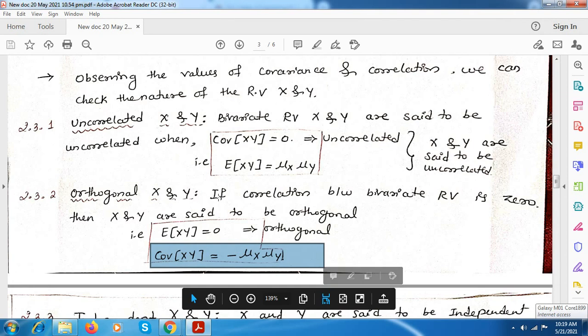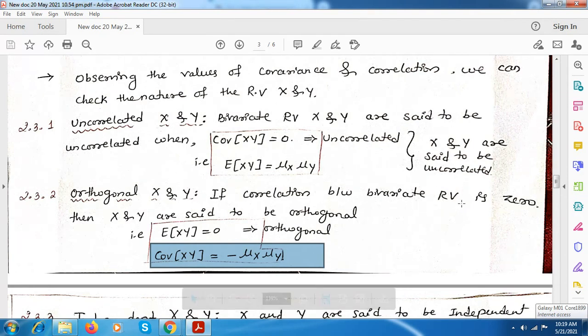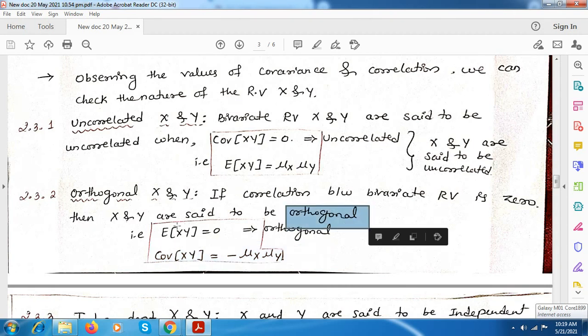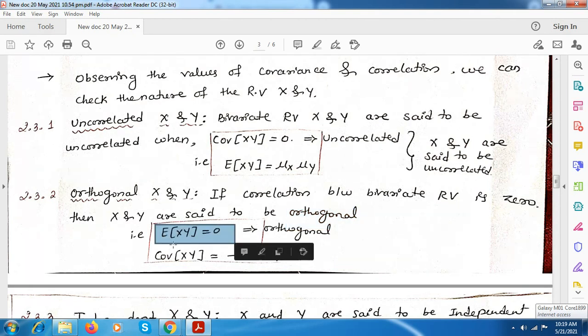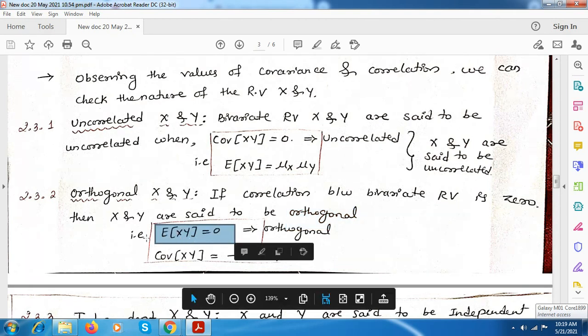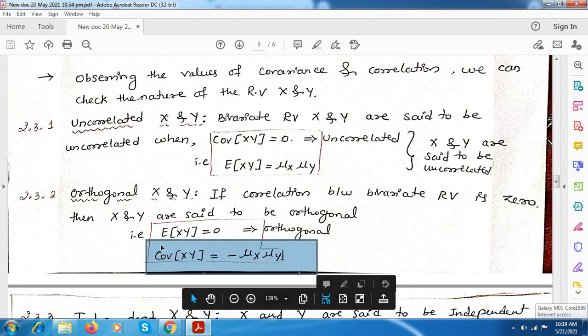This is one more condition. If the correlation between the bivariate random variables is 0, then we say x and y are orthogonal to each other, which means E of xy is equal to 0. If you put this in the covariance equation, you get covariance of xy equal to minus mu x into mu y. These are the mean values of the x and y random variables.